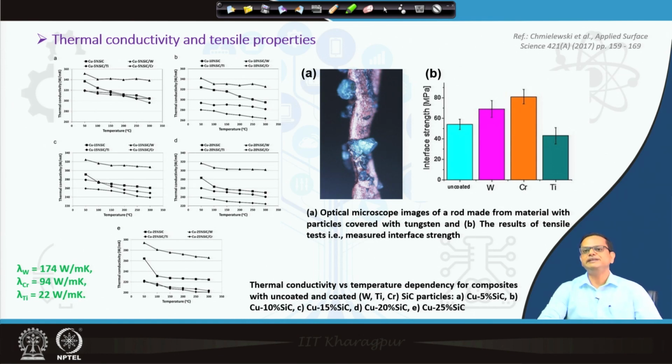When the interface is covered with tungsten, that shows some improvement in conductivity, even if there is an increase in SiC percentage.